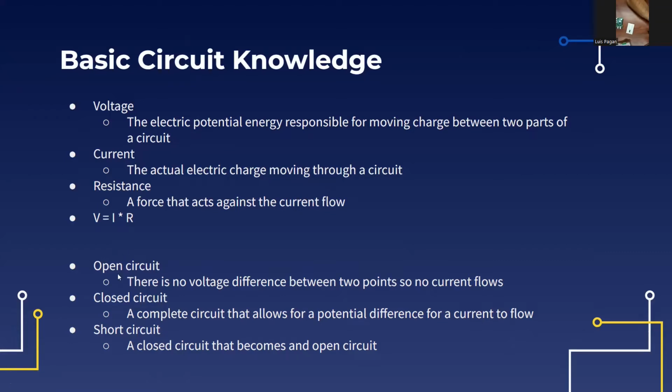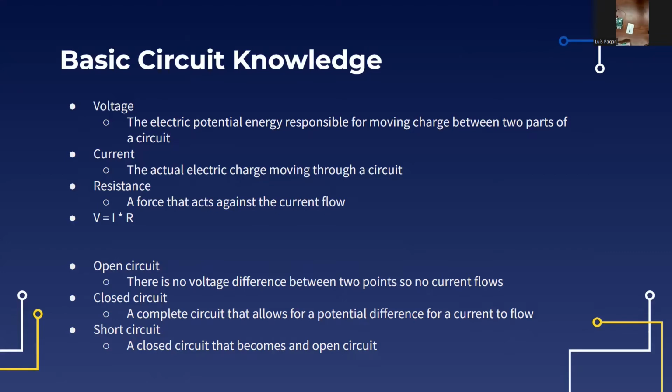In terms of circuit terminology, an open circuit is when there's no voltage difference. Let's say I had these two wires. If they're separate, there is no voltage difference. Right now they're not connected to anything, but let's say one was connected to the negative terminal of a battery and the other to the positive terminal.